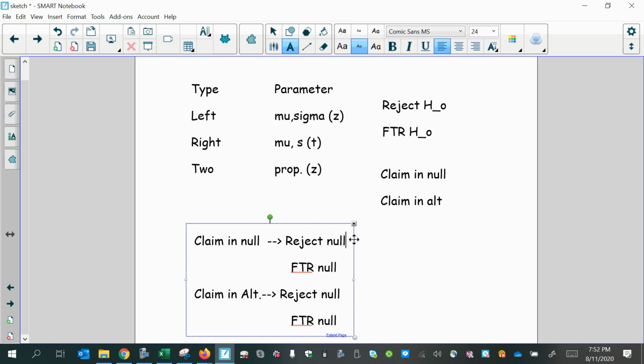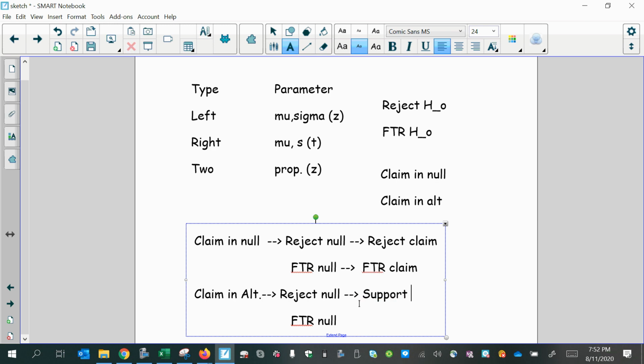If your claim is in the null and you reject the null, then you are rejecting the claim. If your claim is in the null and you fail to reject the null, then you fail to reject the claim. Notice we don't say accept the claim. That's improper. If your claim is in the alternative and you reject the null, then you have support for the claim. And if your claim is in the alternative and you fail to reject the null, then you fail to support the claim. Okay, so 4 different endings.